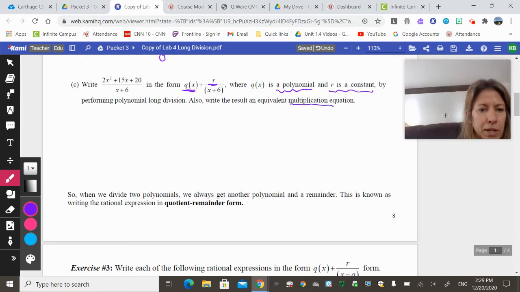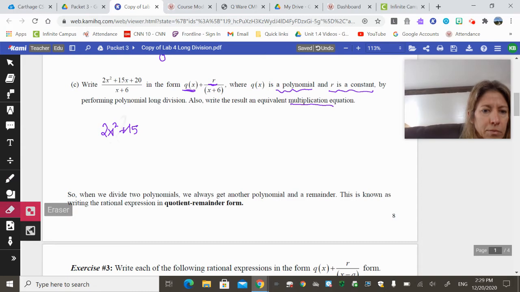All right, so I'm going to set up my problem. I'm going to take my dividend, which is 2x squared plus 15x plus 20. I think I'm just going to write with my finger because the pen is glitching out.